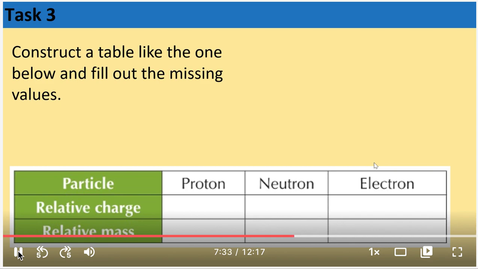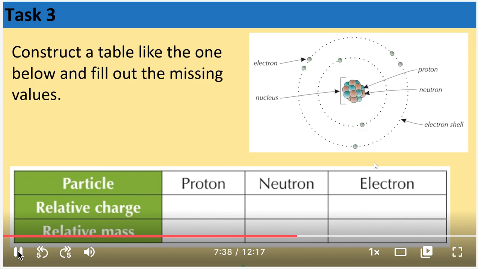Okay, so grab your green pen again, or your different colored pen, whatever you're using, and we're going to fill this out. So protons should have been +1, neutrons have got a charge of 0, and electrons have got a charge of -1. Your mass of your proton is 1, your mass of your neutron is 1, and your mass of an electron is very small.